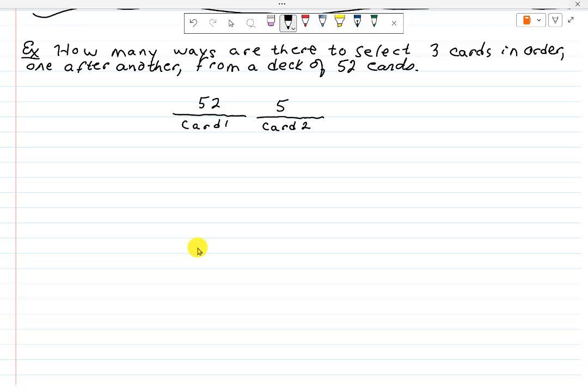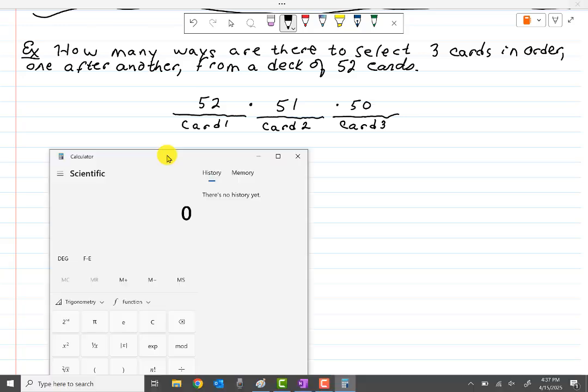So I'm going to get 51 here. And then finally, card 3. After 2 cards have already been drawn, there's only 50 left for card 3. 52 times 51 times 50 equals 132,600.